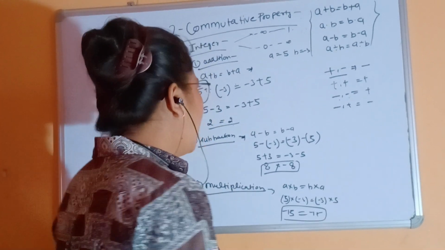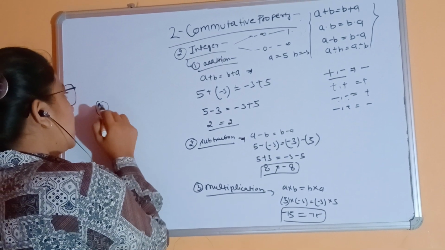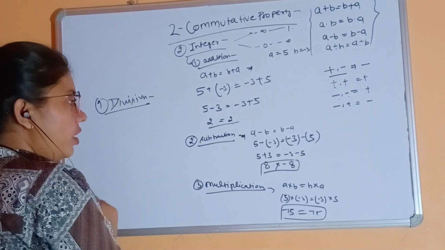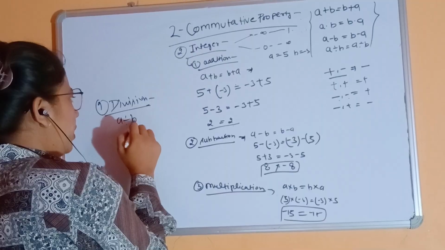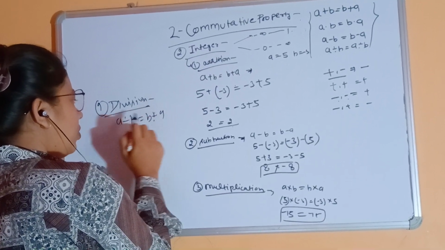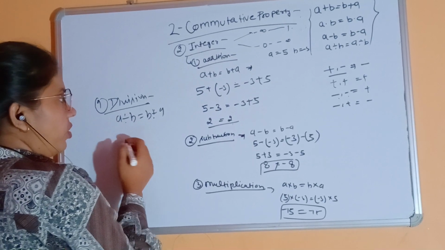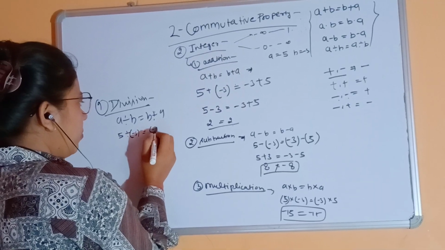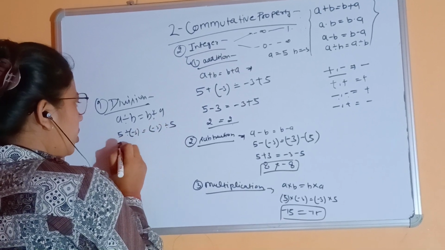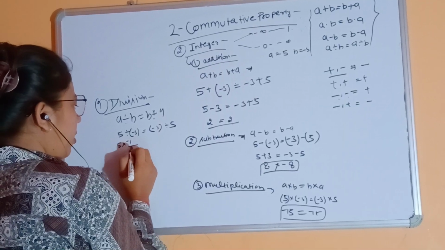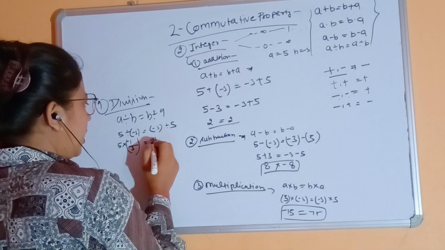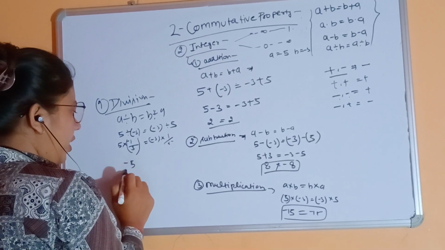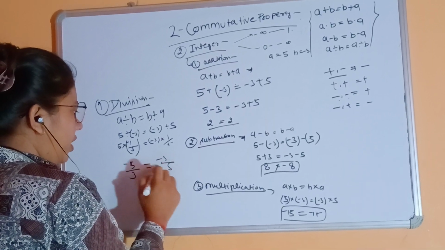Now we take the last operation, division. Division means a divided by b is equal to b divided by a. If the operation follows, then it holds, otherwise it does not. So a's value is 5 divided by b, which is minus 3, compared with minus 3 divided by 5. Here we get minus 5 by 3 and minus 3 by 5, which are not equal.